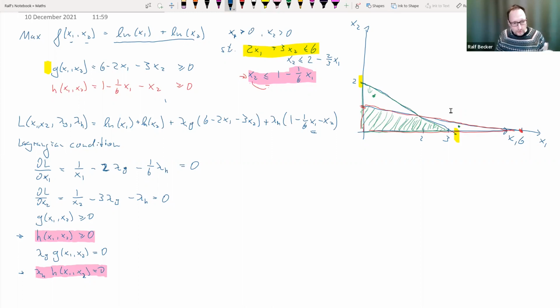So we have to find all the points, x1 and x2, and potentially also lambda g and lambda h, which meet these 6 conditions. We're having 6 conditions here, Lagrangian conditions. And we always did that in different steps.